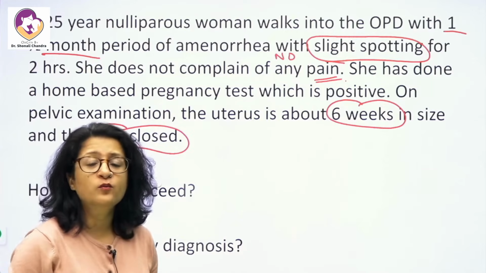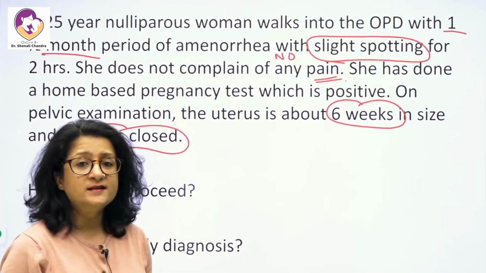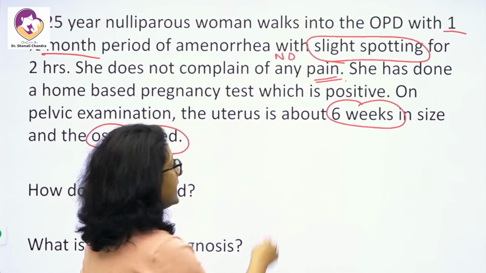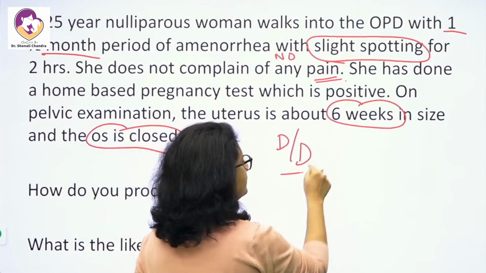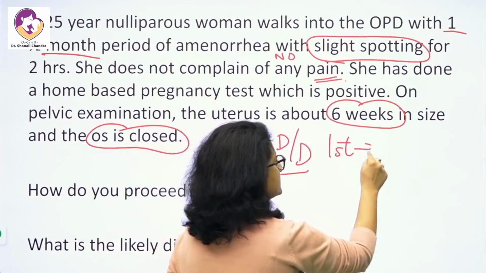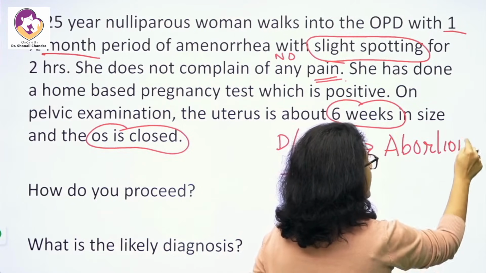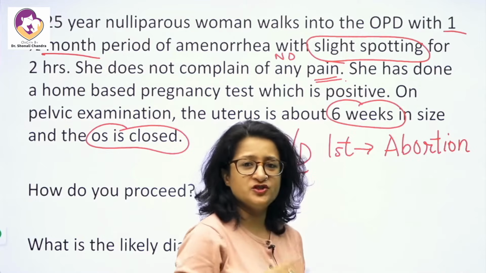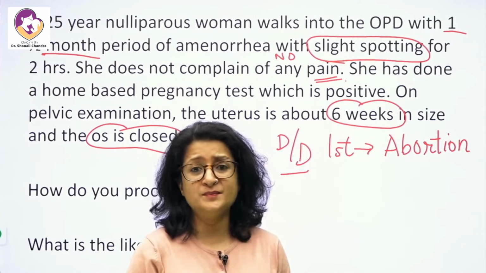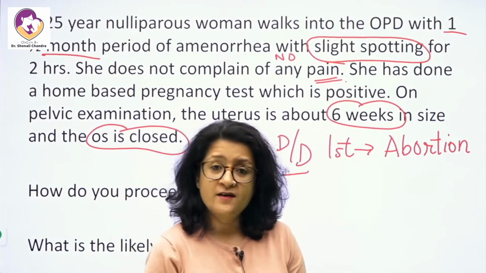Before we move on to how do we proceed, let us consider the differential diagnosis in this situation. The first differential diagnosis is of course abortion. Abortion is a clinical term which in layman terms we call miscarriage, when the pregnancy fails to carry.